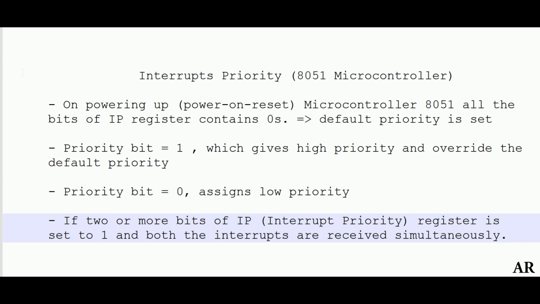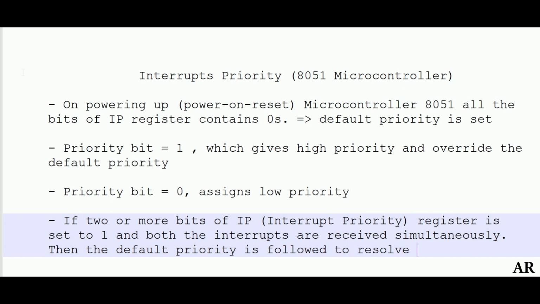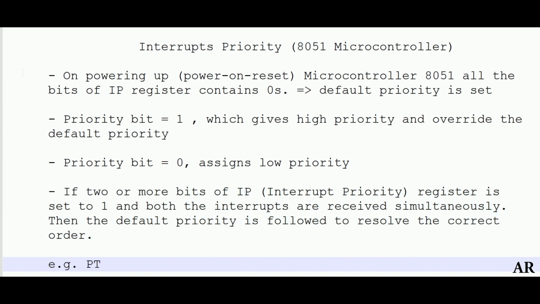So if such a scenario is encountered by the 8051 microcontroller, then the default priority is followed to resolve the correct order. For example, your PT1 and your PX1 both bits are set to 1. PT1 stands for priority for timer 1, PX1 stands for priority for external interrupt 1.